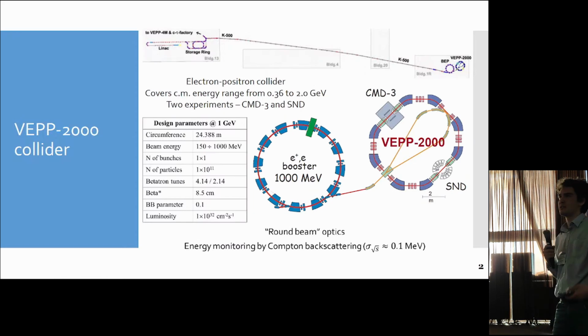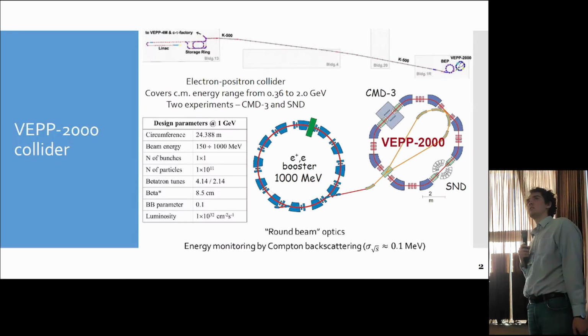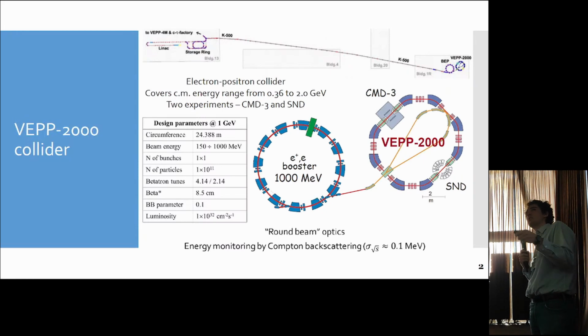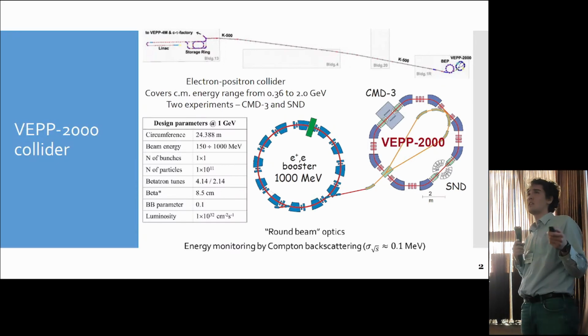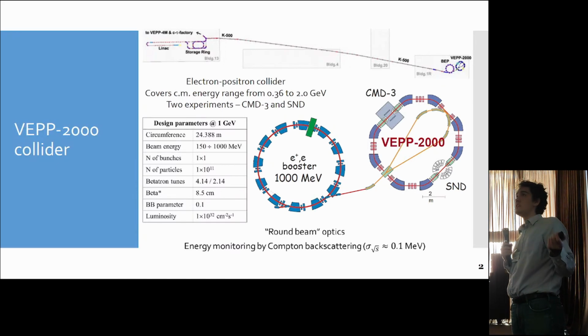Before I start talking about the analysis itself, I'd like to give a rather long overview of the experiment. It's the CMD-3 experiment, a detector at the VEPP-2000 collider. VEPP-2000 is a unique machine.